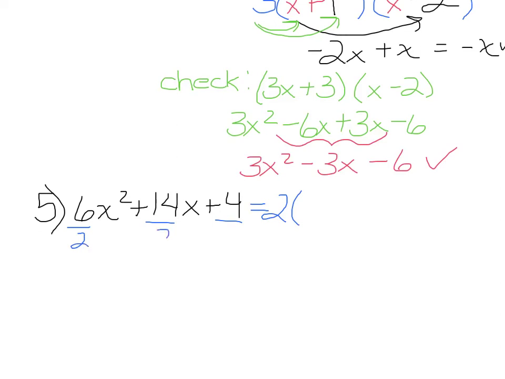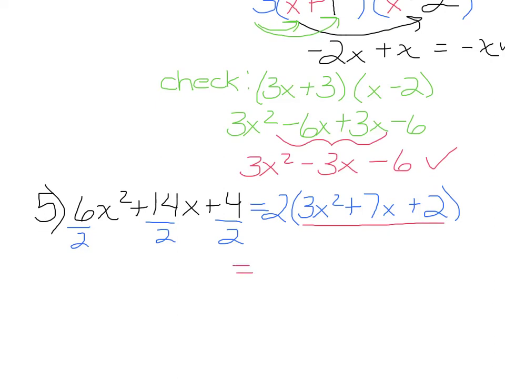Remember, some of you, I think it's easier if you think about it as division. So if I divide 6x squared by 2, I get 3x squared, and then plus 7x, and plus 2. So now I only have to worry about factoring this trinomial, and I'm just going to bring that 2 along with us.